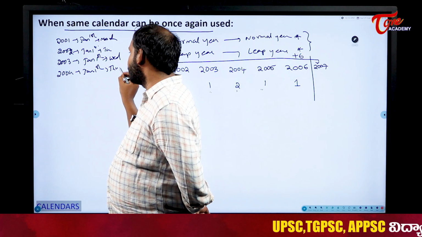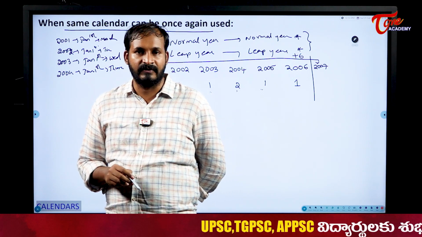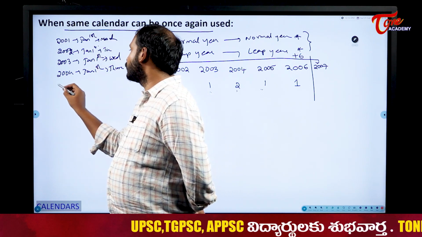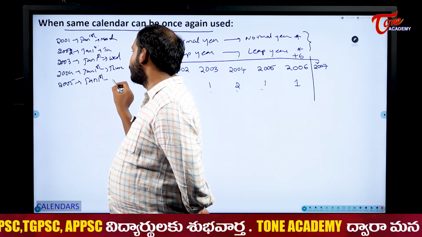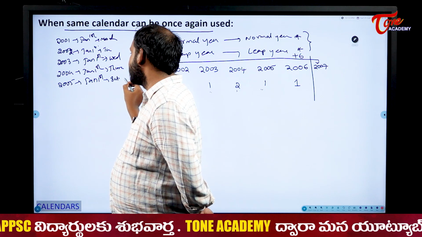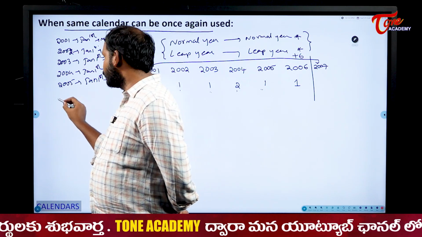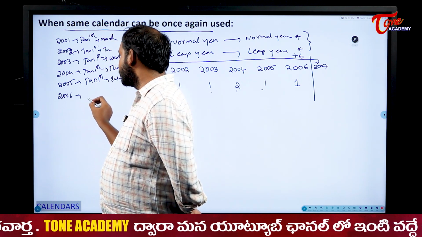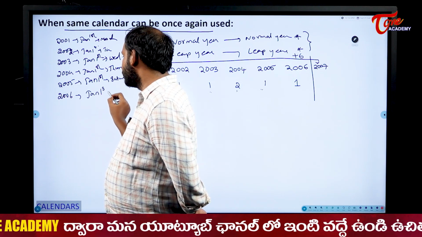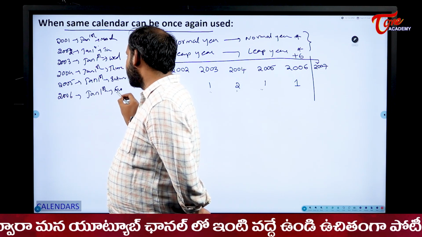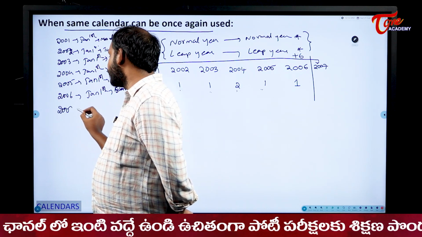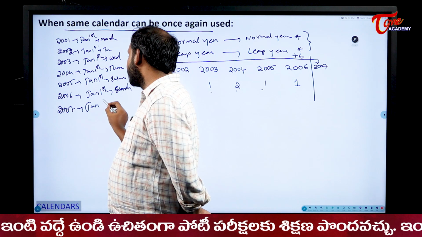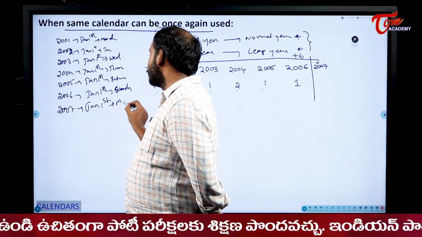Only a 1 day jump, because I still didn't cross the month of February 28th. Next, 2005 Jan 1st will become Saturday. Next, 2006 Jan 1st will become Sunday. Next, 2007 Jan 1st will become Monday.